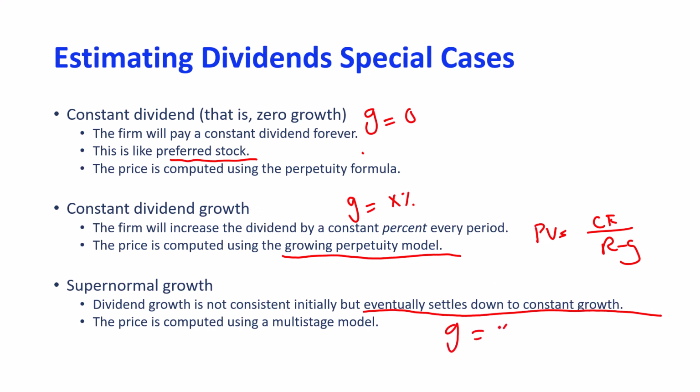And then you can use the constant growth model, or dividend growth model, to value that stock. So for this third case, the price is computed using a multi-stage model. We're going to do this pricing in several steps. I hope you find this video useful, and thanks for watching.